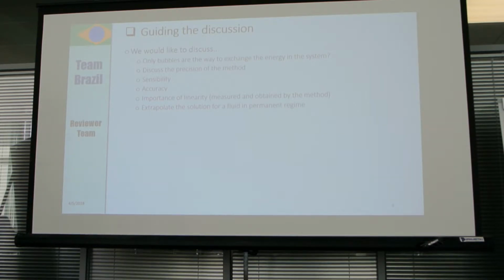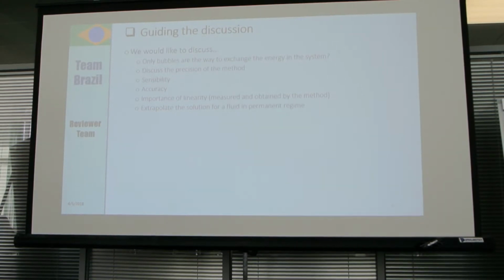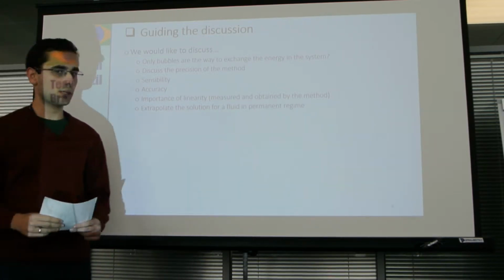How can we get a better accuracy? And what's the importance of the linearity, between the measured and the obtained by the method? We also have to extrapolate the solution for a fluid in permanent regime. Is that possible? Or what do we have to change to work with different kinds of liquids, which also have great importance, not like glycerin as he said? So let's start the discussion, please, if you want.